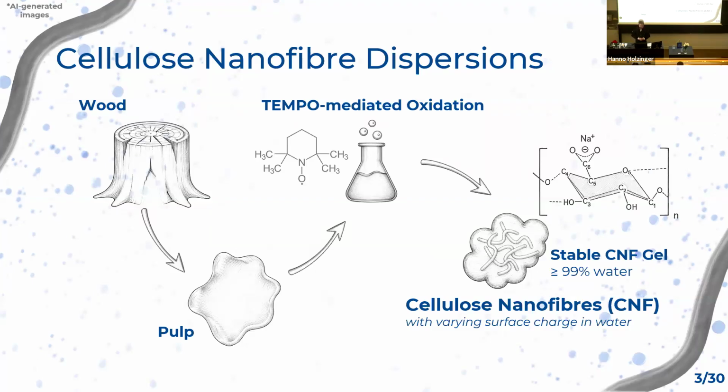Chemical modification via the catalyst TEMPO, shown here on the left-hand side, helps in stabilizing the cellulose nanofiber dispersions by selectively converting the primary alcohol groups on the C6 atom to carboxyl groups. This leads to electrostatic repulsion between them, so we get stable nanofibers and in turn stable dispersions.